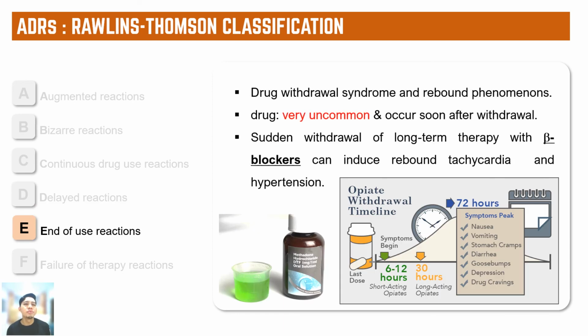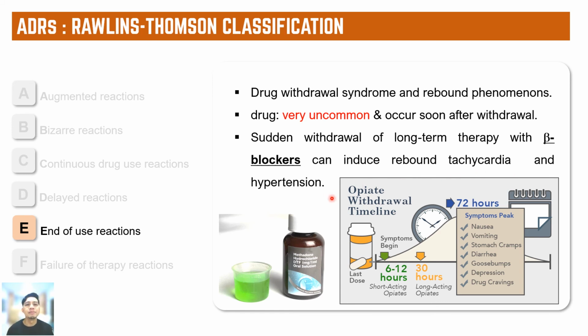Now you guys must be aware that some reactions are linked to the withdrawal of medicines, and these kinds of effects are known as type E or end-of-use reactions. These reactions are uncommon and occur soon after the withdrawal of particular drugs, such as beta blockers that can induce rebound tachycardia and hypertension.